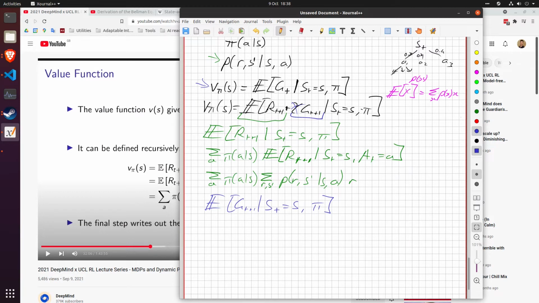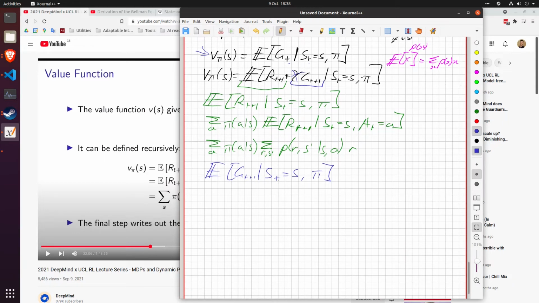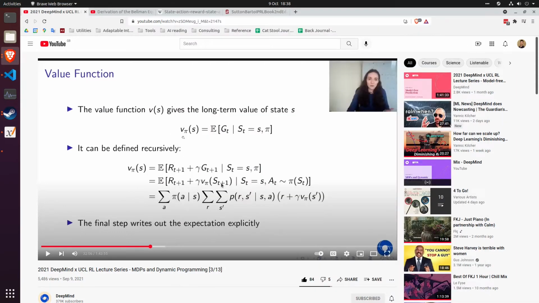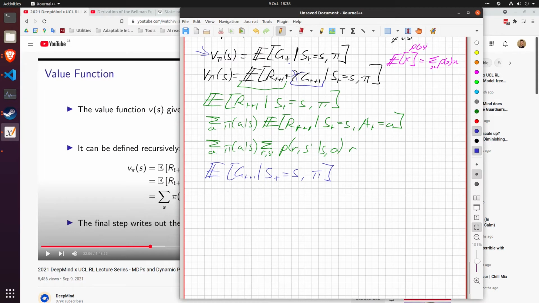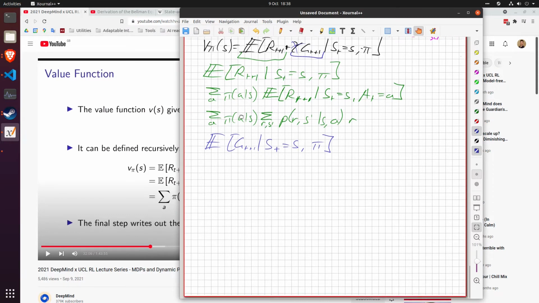And here's a t and there's a t. I don't know enough yet. I need to know what the state at time t plus 1 is in order to have this expression look exactly like this expression and be able to write this, as they do in the slide here. So I can't do that yet. And that's what tripped me up, and that's what I'm going through step by step now.